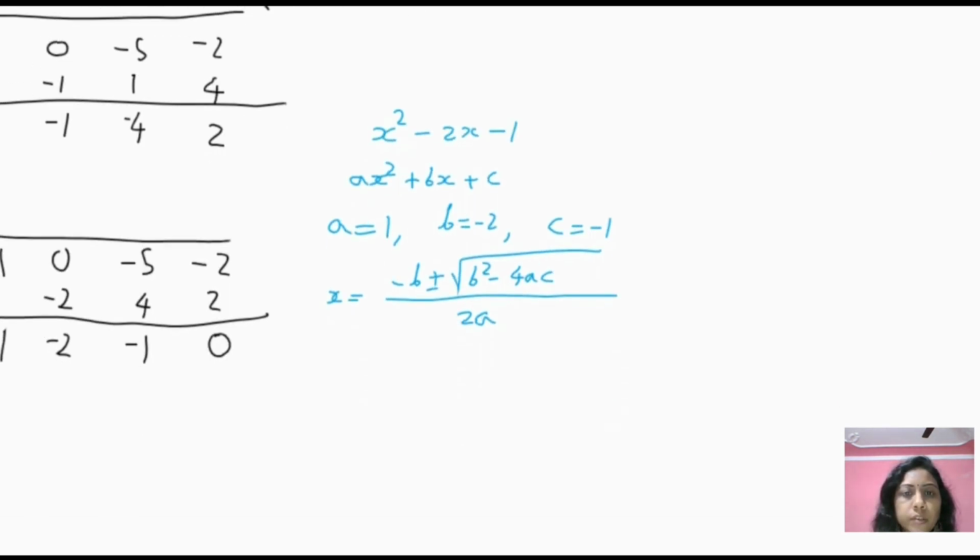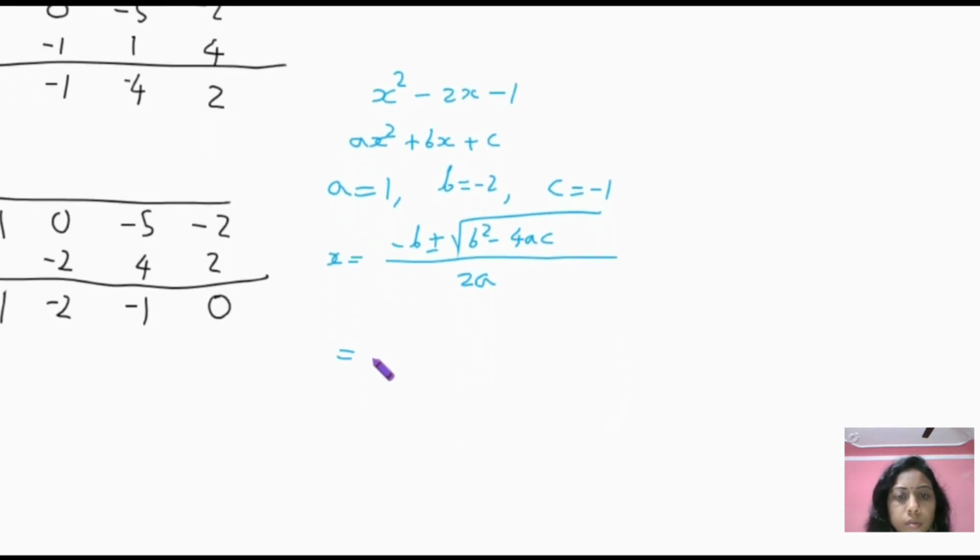Okay, now we can substitute the values here. Minus b, b value is minus 2, plus minus, b value is minus 2, so square, minus 4, a value 1, c value minus 1, upon 2a.